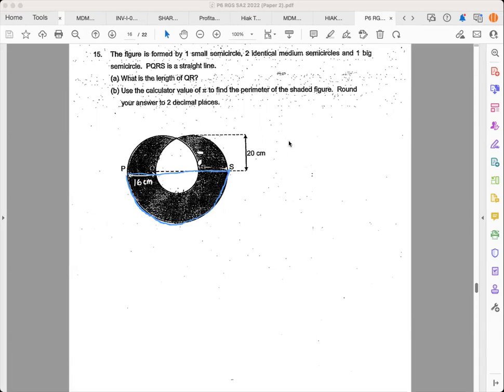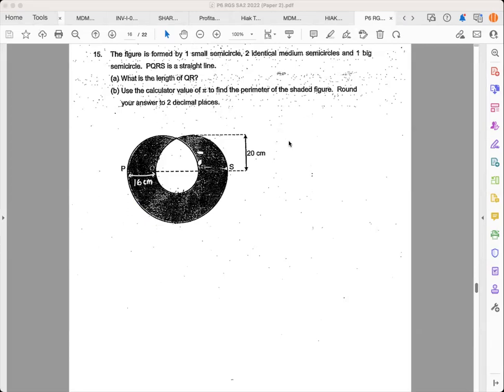Now, one common mistake people make is that they assume that this point is the center of the medium semicircle. But it's not true, because first, you cannot assume unless the question tells you. So this is not the center of the medium semicircle.